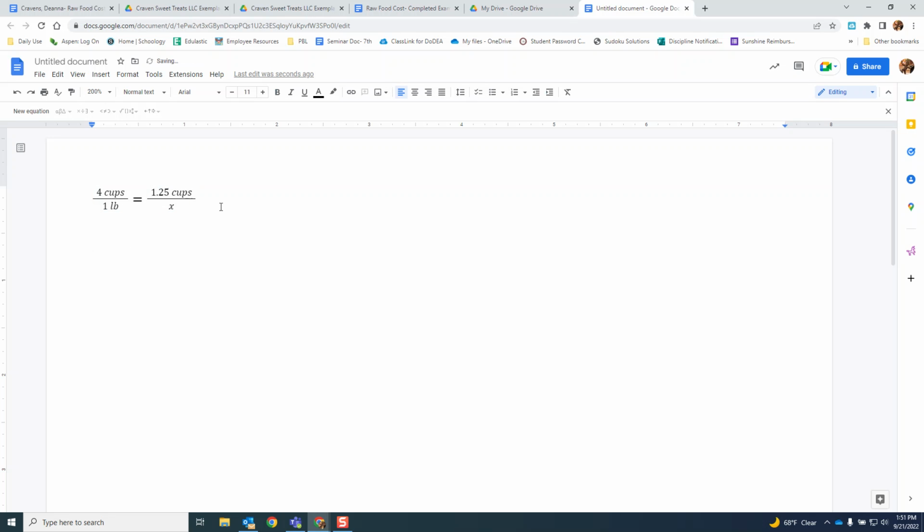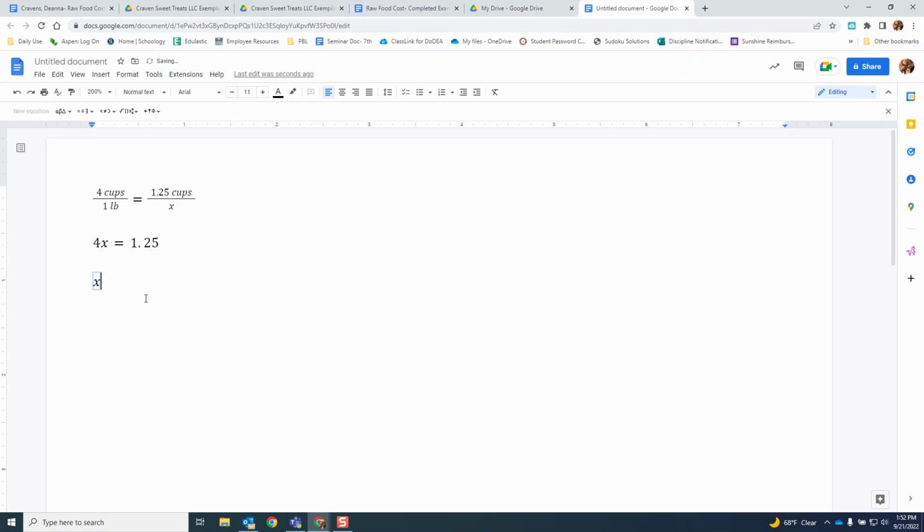Then from there, we cross multiply. So now we do 4 times X equals 1 times 1.25. Then we are solving: 1 times 1.25 is just going to leave us with 1.25. To solve for X, if we are multiplying by 4, that means we need to divide both sides by 4.